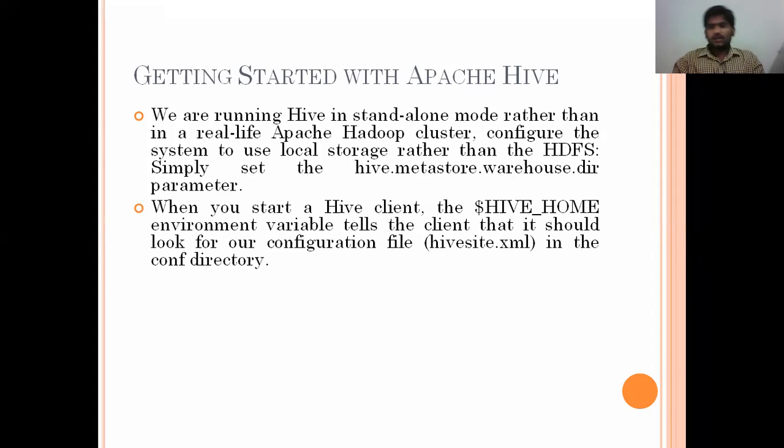So we already know that there are various ways to run Apache Hive: single mode, local mode, or distributed Hadoop mode also. When we start a Hive client, there is a $HIVE_HOME environment variable to tell the client that it should look into your configuration.